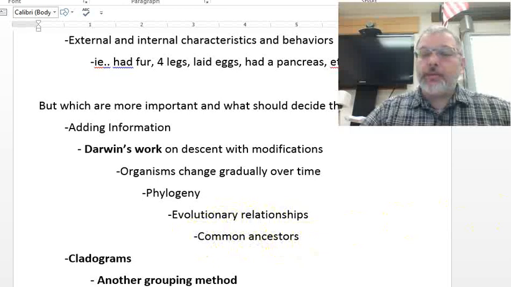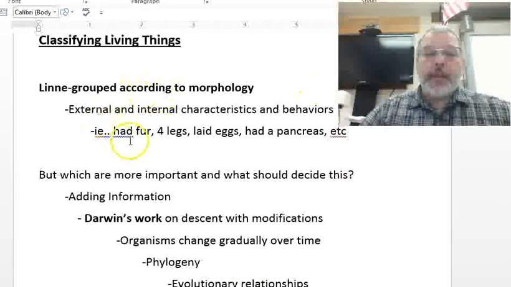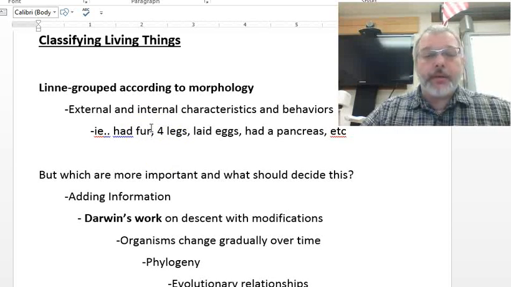So what common ancestors is talking about: if you have a mammal, a squirrel, that has certain characteristics, and one of those characteristics is fur. Okay? But you also have a salamander that has some of the same characteristics as the squirrel. So you might say, well, somehow maybe the squirrel and the salamander are related because they have similar characteristics.